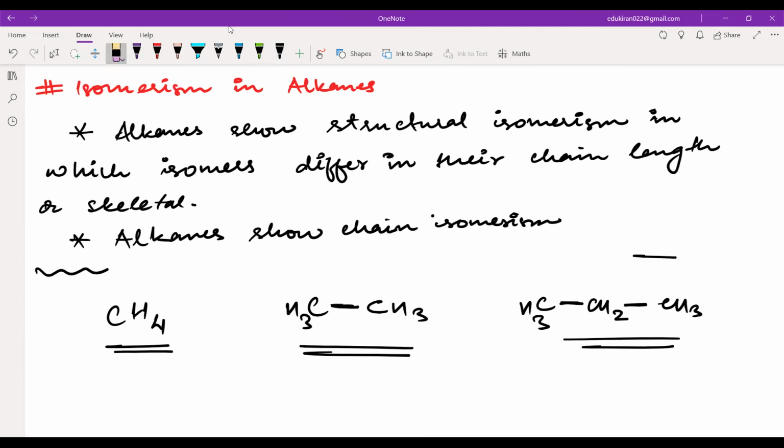You can place it like CH3, CH2, CH3, but it means the same. We don't have any new molecule here. It is the same propane.